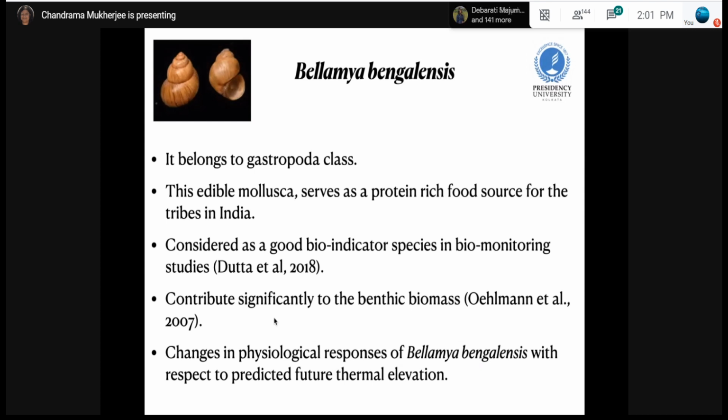There are changes in physiological responses of Bellamya bengalensis with respect to predicted future thermal elevation, and that is the area of interest of my collaborator, Dr. Sumit Mondal.